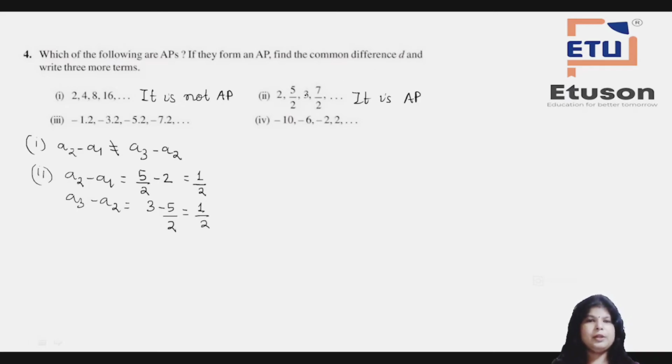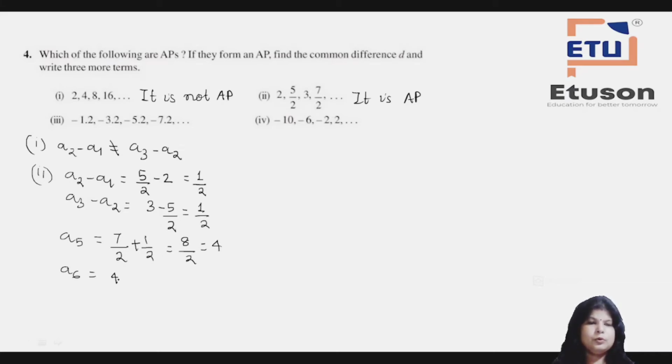If it is an AP, you have to find out the subsequent numbers. So you have till A4. So you have to find out A5, A6 and A7. So your A5 will be equal to 7 by 2 plus 1 by 2, which is nothing but 8 by 2 and equal to 4.